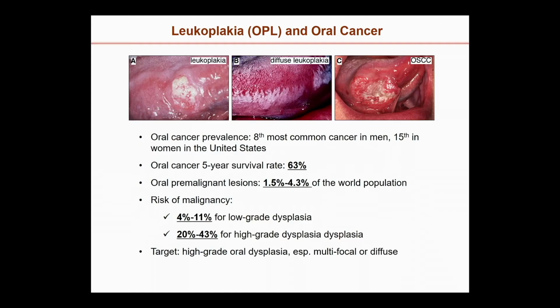In that case, if you start doing surgery or laser, you're bound to affect a large surface of the tongue and cause a major side effect of the treatment. So therefore, a non-invasive method would be ideal in this case. And for this reason, there's no standard of treatment for oral premalignant lesion up to this date.